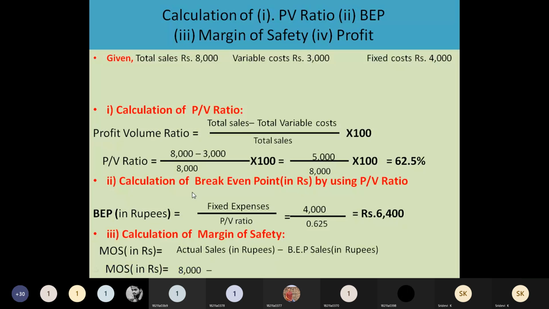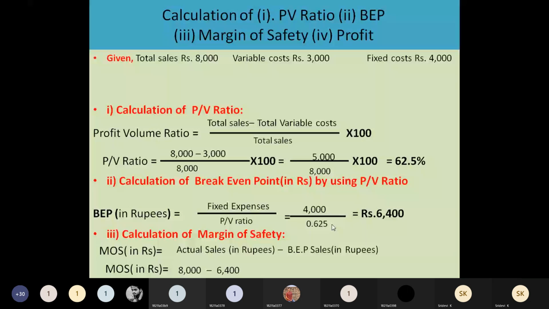BEP sales that we obtained here is 6,400. So that you deduct from 8,000. So that will give you margin of safety. So margin of safety is equal to 1,600 rupees.